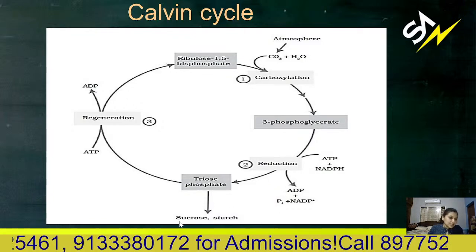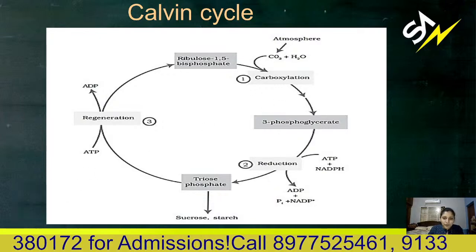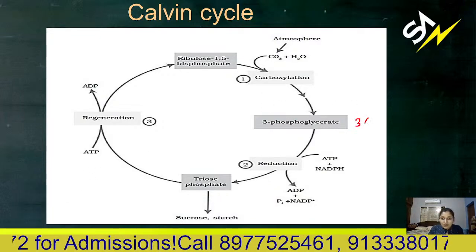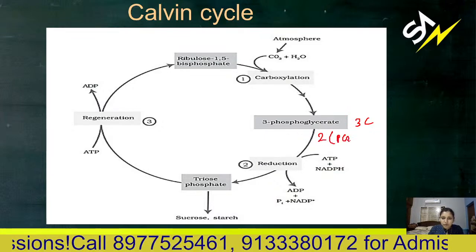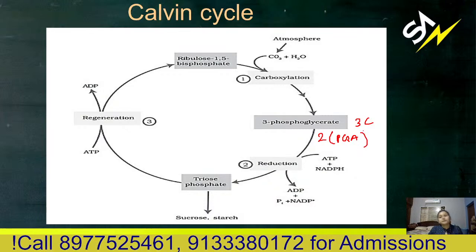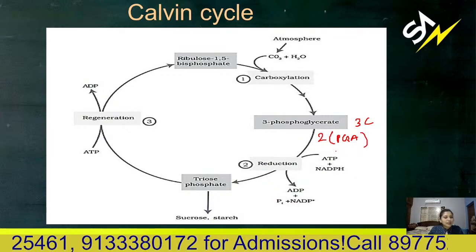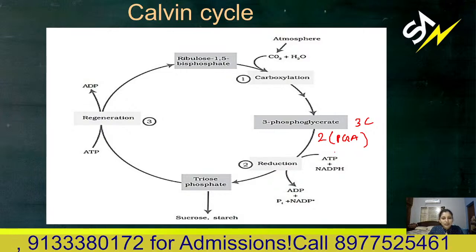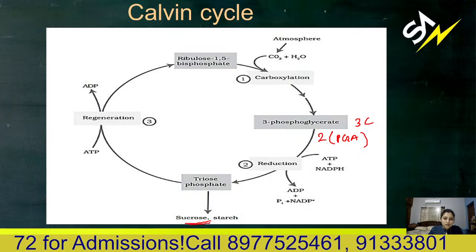That's why this is known as the C3 cycle also, because the first product formed is a 3 carbon compound, 3-PGA, phosphoglyceric acid, which will undergo reduction, and then there will be production of ADP and of sucrose.